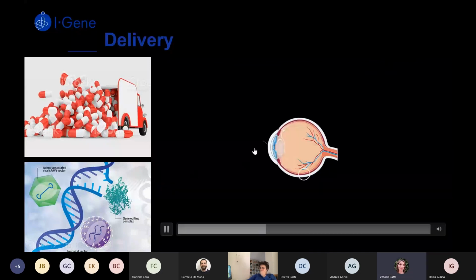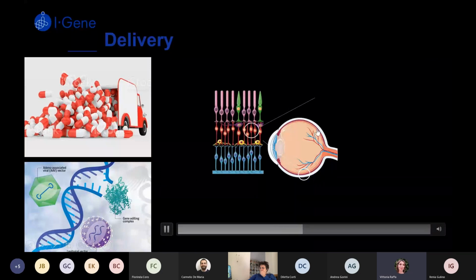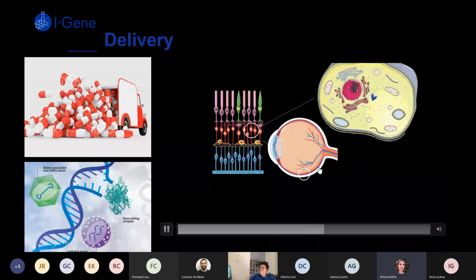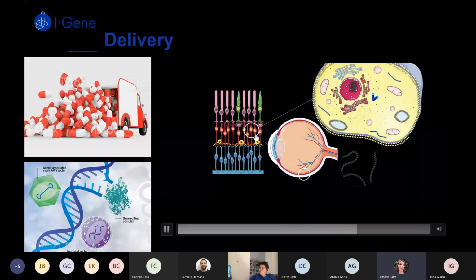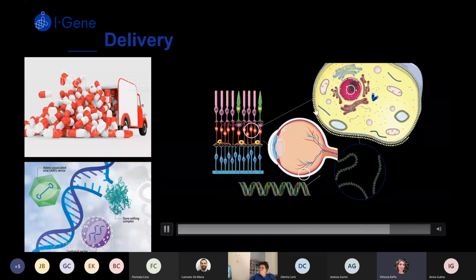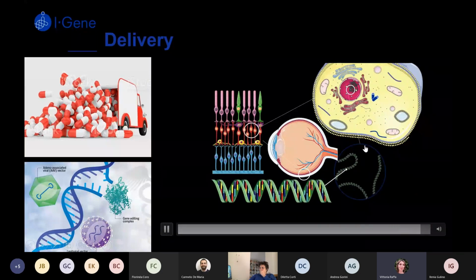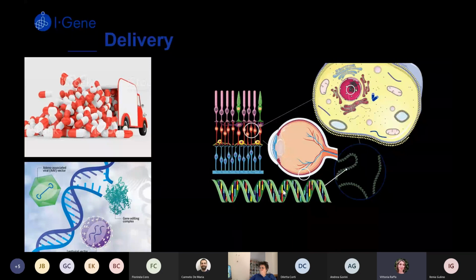Then the drops should reach the posterior chamber where the retina is located, then target the photoreceptor, then cross the cell membrane and the nuclear membrane, reach the DNA, and find the gene in the DNA. So it's a very, very long trip. Many times the drug fails, not because it's not able to cleave the DNA, but because it's not able to reach the DNA. That's a different problem, and this is the delivery issue.